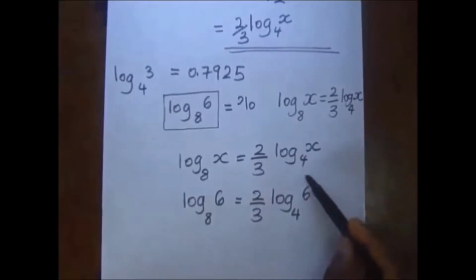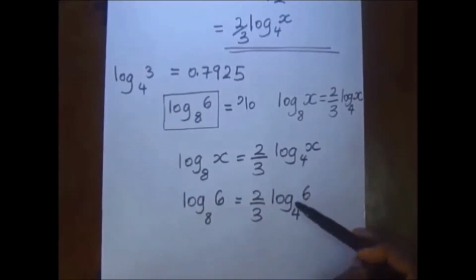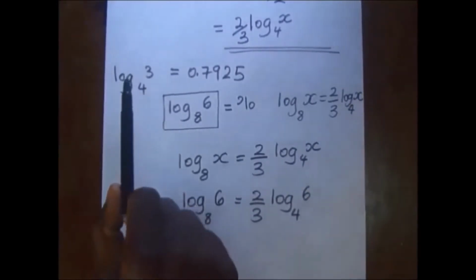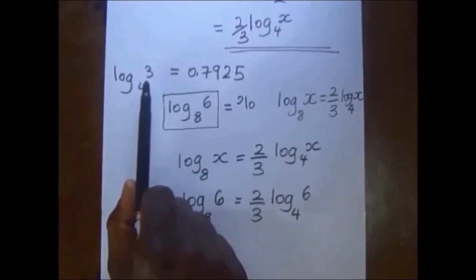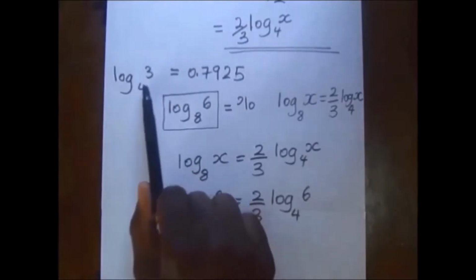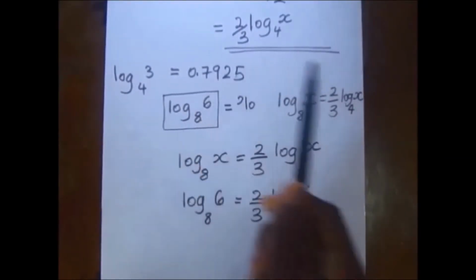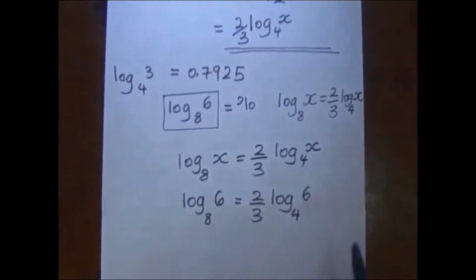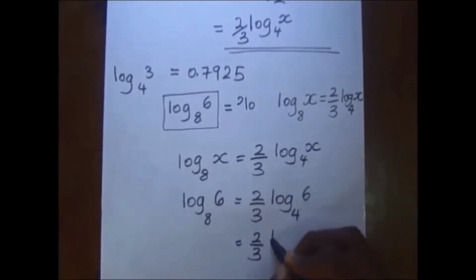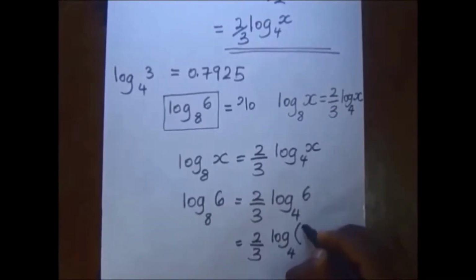Now we are supposed to manipulate this logarithm so that within the expression we are having a log base 3 somewhere, because we are not supposed to use a calculator. We are supposed to use this information that log of 3 base 4 is 0.7925. So this logarithm here is the same as saying 2 over 3 log base 4 of, now 6 is the same as saying 3 times 2.